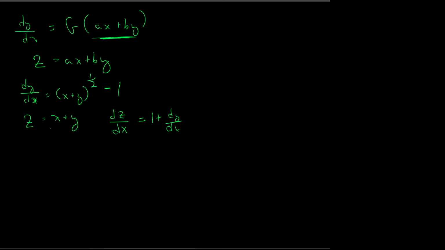And so what I can do is substitute this back into my original differential equation here. So I can say, hey, well, I'll solve this a bit. We'll say dy/dx equals dz/dx minus 1.